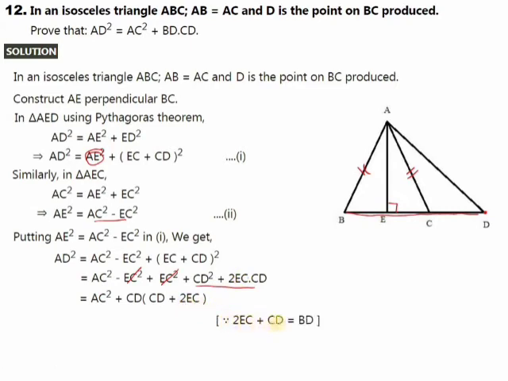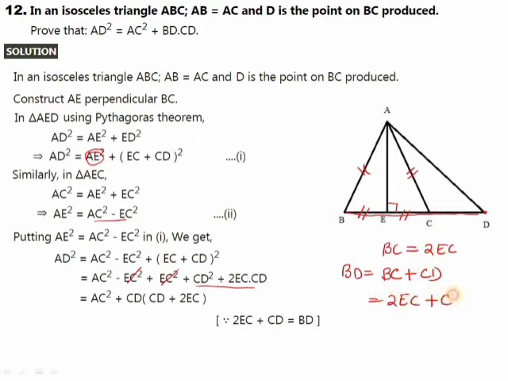Now, is 2EC plus CD equal to BD? Let's see whether it is true or not. These two will be equal when you drop a perpendicular; you need to keep that in mind. That means BC can be written as 2 times EC. This BC is double of EC. If you add CD, you know that BD can be written as BC plus CD, but BC is 2 times EC.